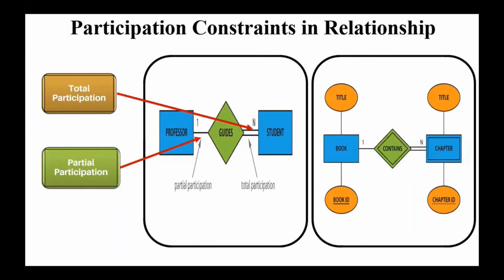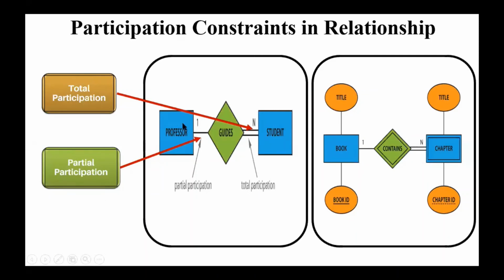But suppose there are 50 students, will every student have a branch? Yes. Such a type of participation becomes total participation.